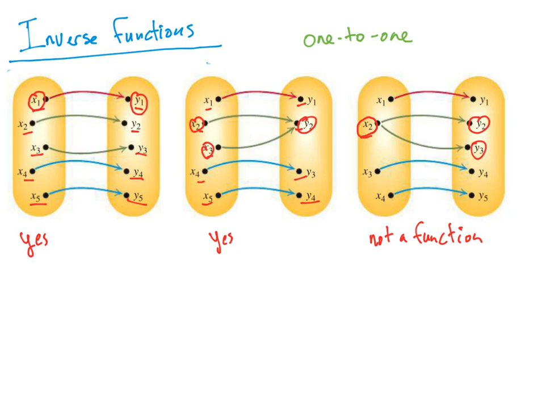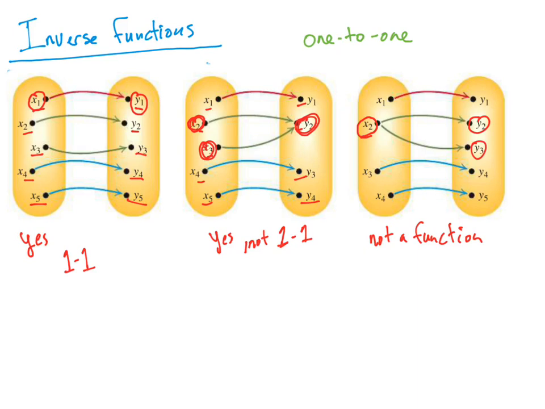Contrast that with the second relationship, where y2 is getting pointed at by two separate inputs. This distinction is referred to as a function being 1 to 1. So we would say this first one is 1 to 1. The second one is not 1 to 1. And we don't need to concern ourselves with the third relationship because that's not a function.